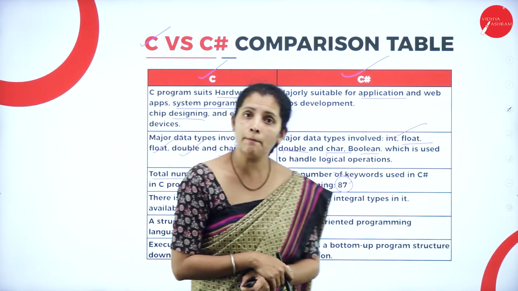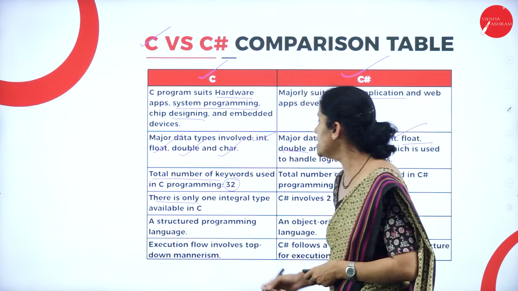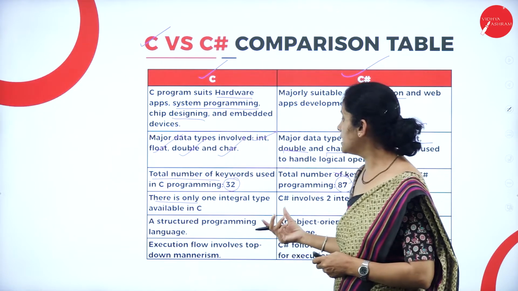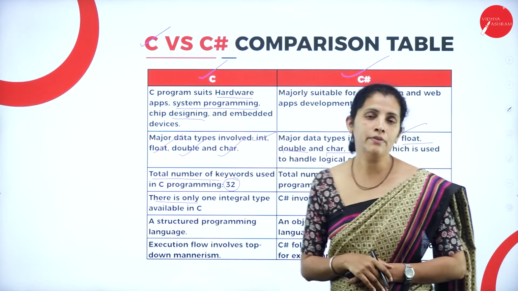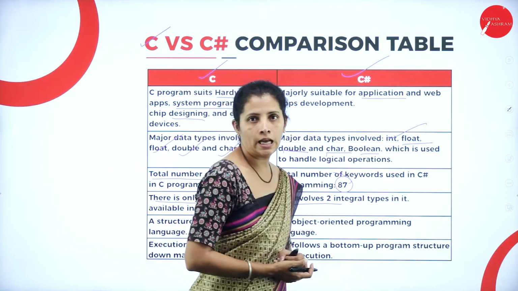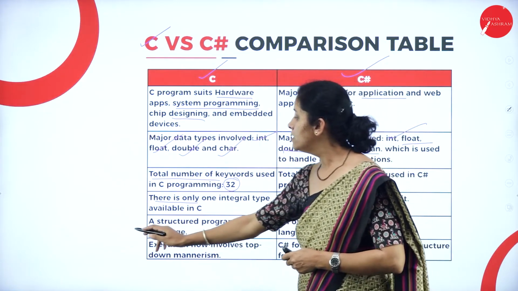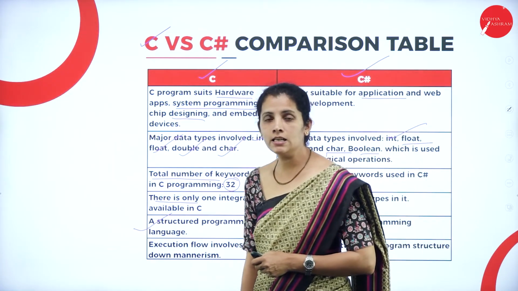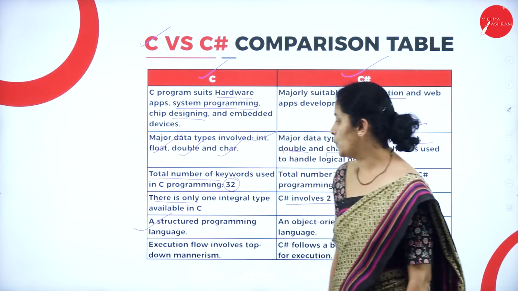Now, the next comparison is that there is only one integral type in C. That means if I consider the C program, I have only one integral type. But if I consider the C# program, I have two integral types. The next comparison is that C is a structured programming language whereas C# is called an object-oriented programming language.